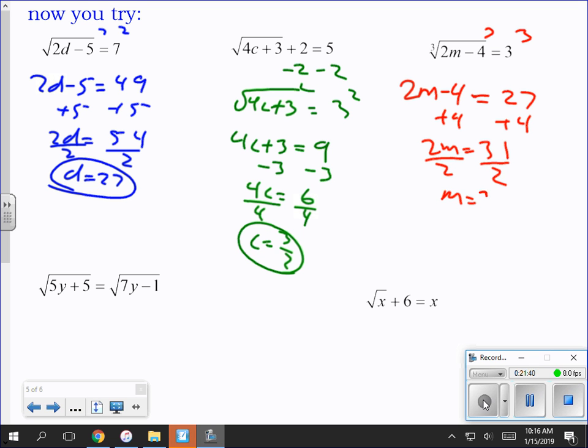M equals 31 halves. And then you try it in there. 31 over 2 times 2 is 31. 31 minus 4 is 27. Cube root of 27 is 3. This one also works. Questions on the first 3 problems? They're fairly straightforward, not too much of an issue with any of those.